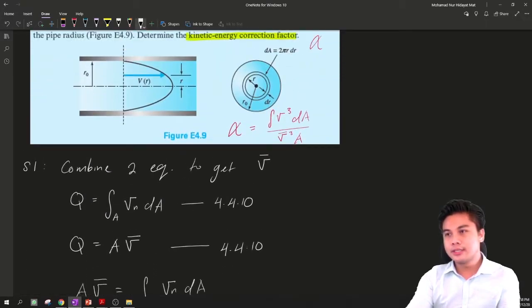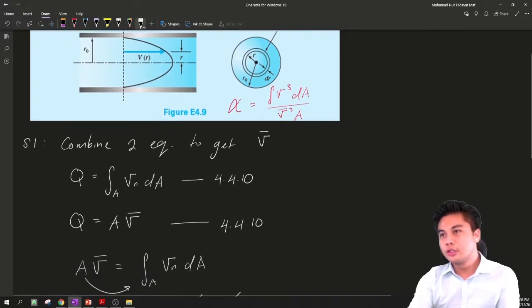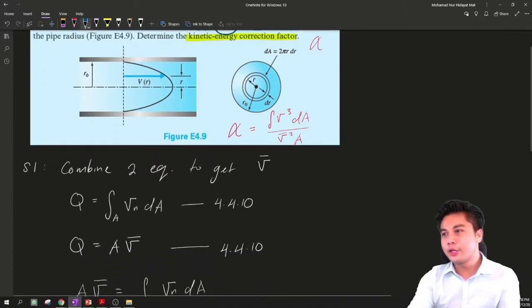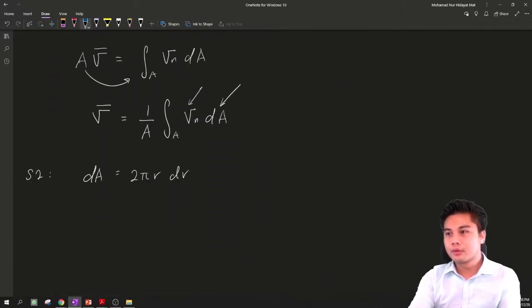So what is the velocity change with respect to r? We have this term, V of r equal to V max multiplied by 1 minus r squared over R naught squared.